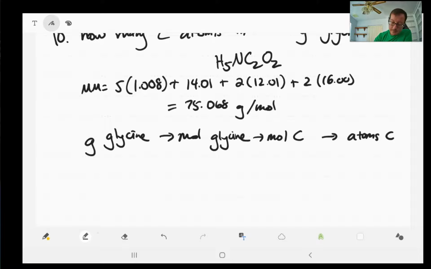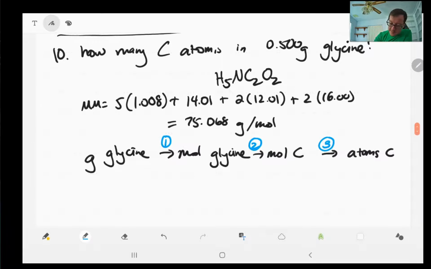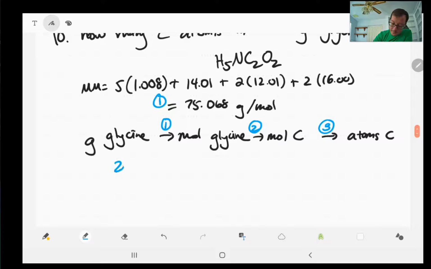As written, we're going to need 3 conversion factors, 1 for each arrow here. Grams of glycine to moles of glycine is already right here, that's our molar mass. Moles of glycine to moles of carbon, you can set that up here. We know that for every glycine molecule, we have 2 carbon atoms.